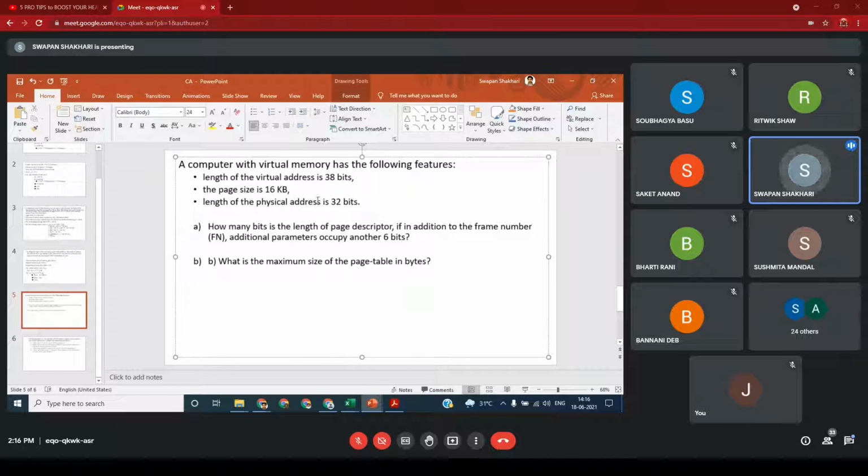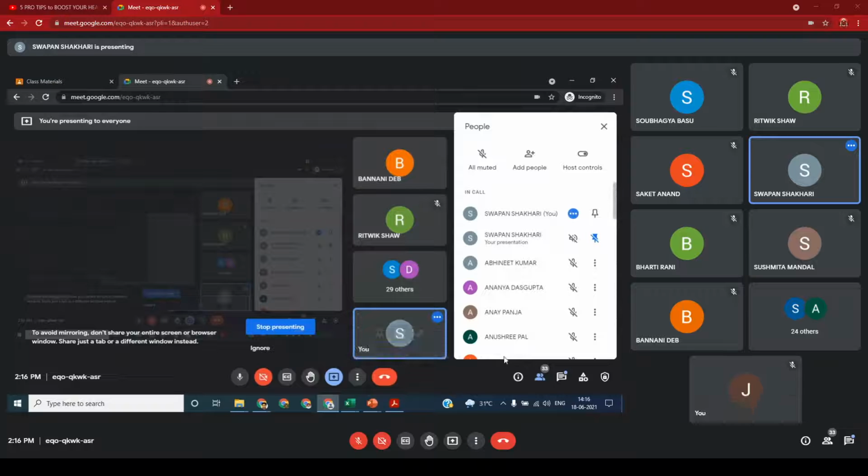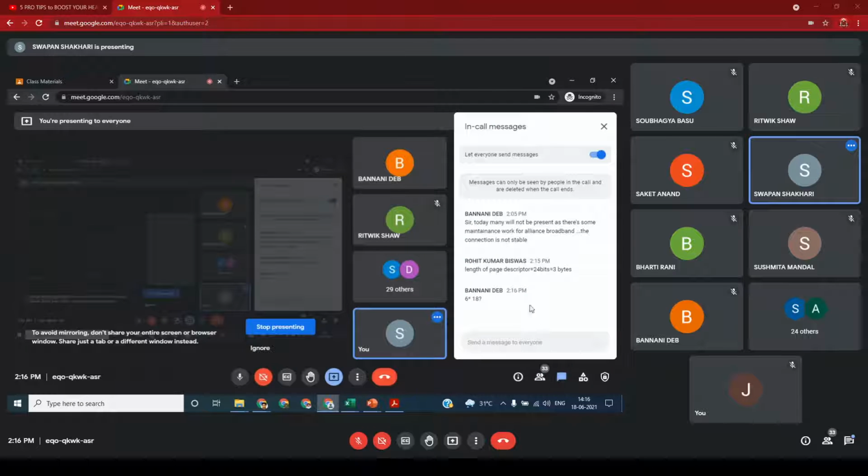Okay, so we know the length of the virtual address, not 6 multiplied by 18.